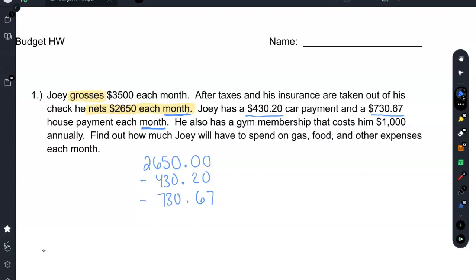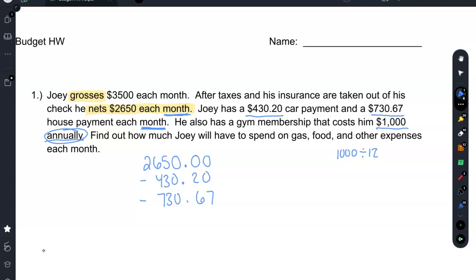All right, he also has a gym membership that costs him $1,000 annually. This is exactly what I was talking about. This is an annual amount, so I need to convert that to months. I can divide by 12, and you can do the full process of dimensional analysis, or you can just divide by 12. I'm going to grab my calculator off to the side.